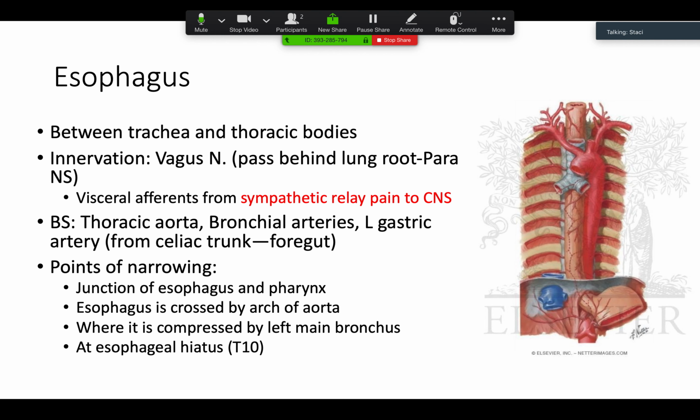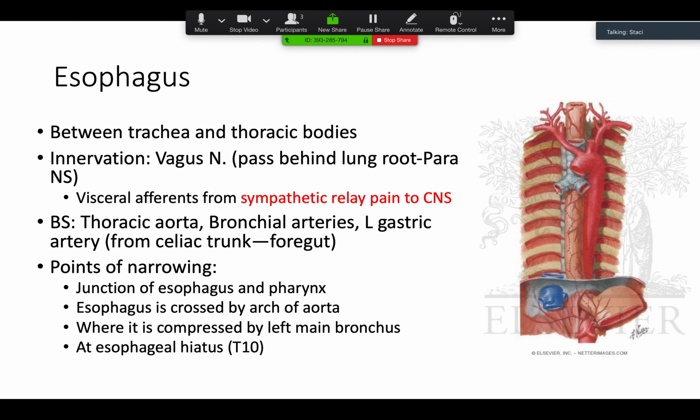So if they said there's some mass and it's growing anteriorly, you need to know that it could be affecting the trachea.